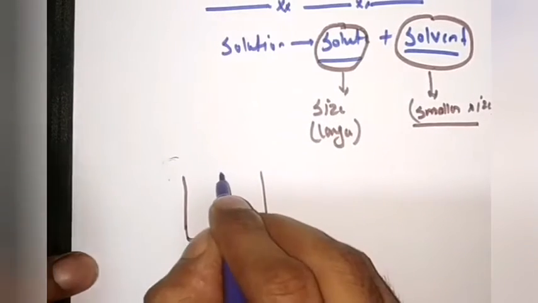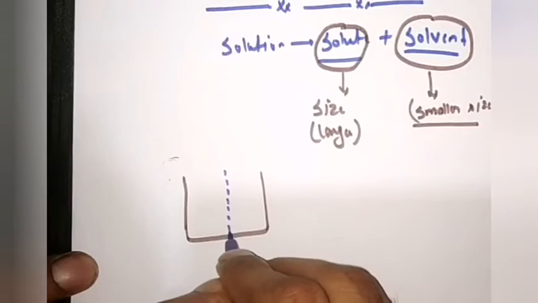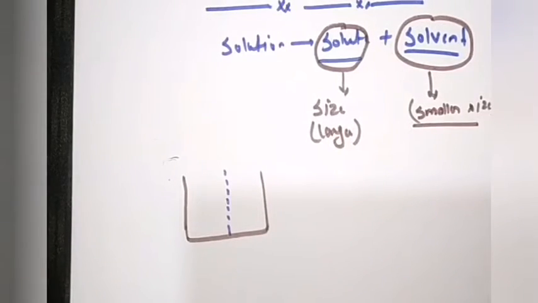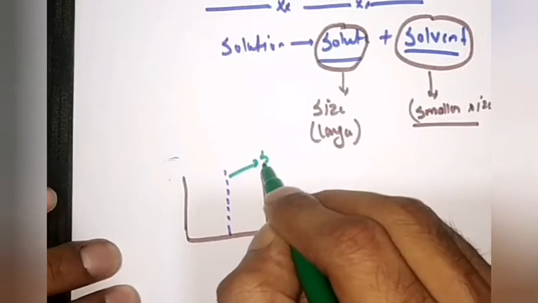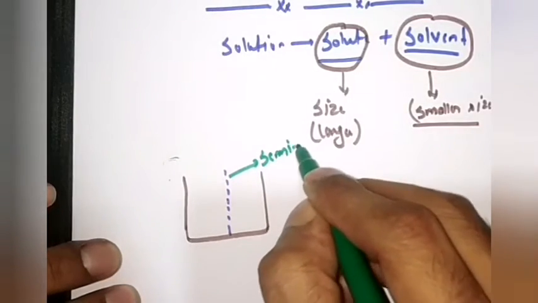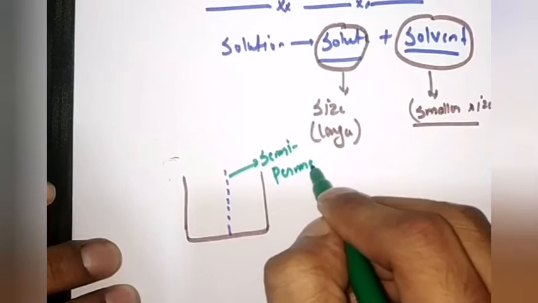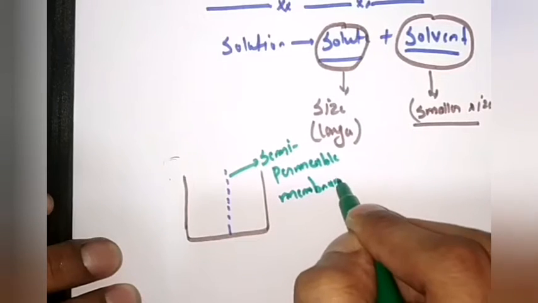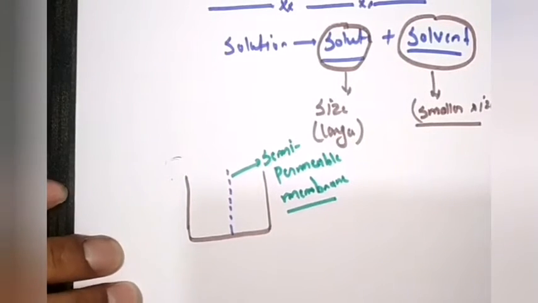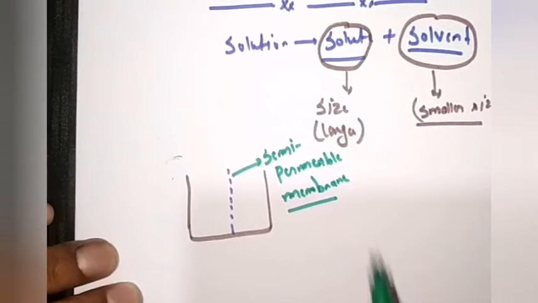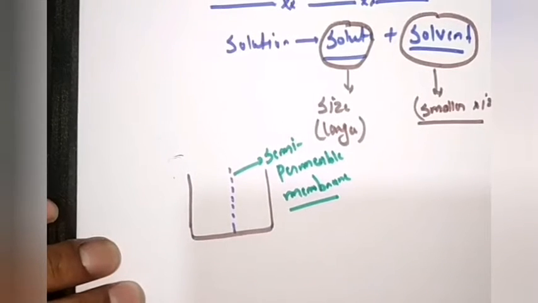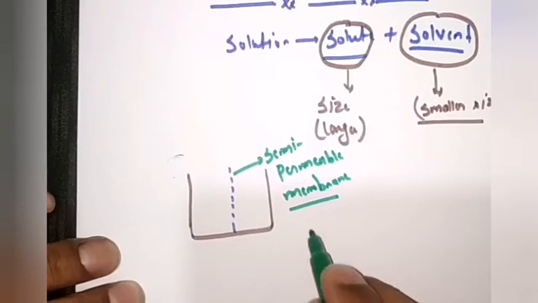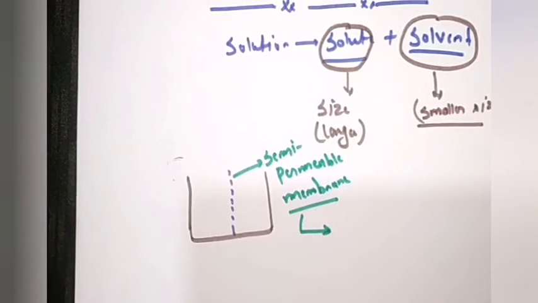And the scene is like this: this is a semi-permeable membrane. Now you will see many new concepts in this topic that you have not even listened to earlier, like osmotic pressure itself, and second, the semi-permeable membrane. So I am going to define semi-permeable membrane first.